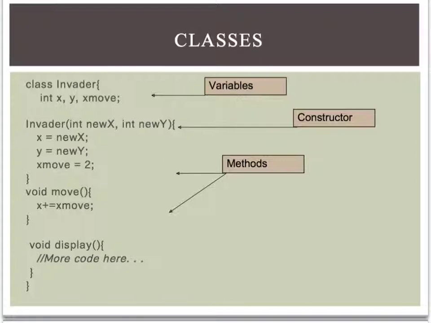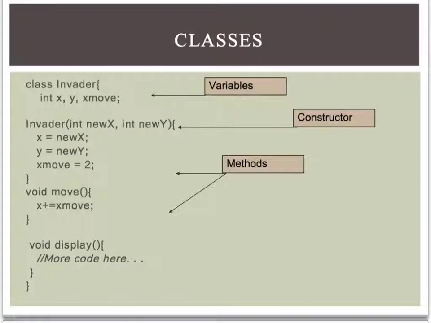So let's look at an example in code. If we were to write a class for the invaders of Space Invaders, it might look something like this. At the top you see class and then the name of the class, Invader. We usually capitalize the names of classes to indicate that it's a class rather than an object. The variables are what you see at the top: x, y, and how fast the invader is moving.